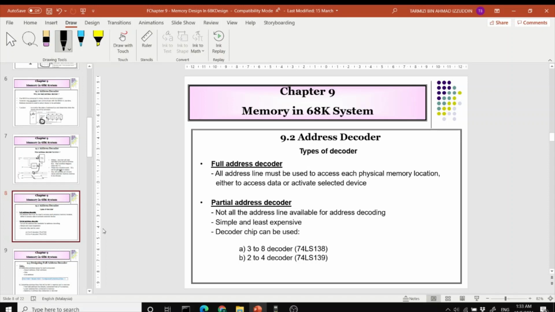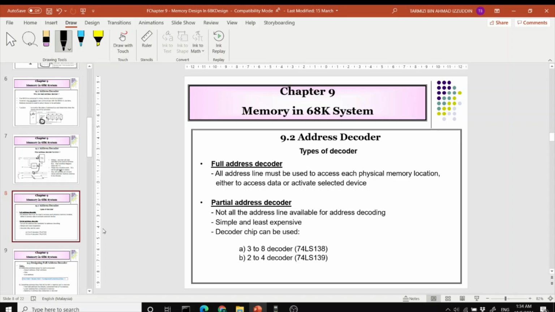Compared to the full address decoder scheme, this method is a bit simpler and less expensive, and we can use a decoder chip for this purpose, be it a 74LS138 or the 74LS139. So this is the difference between full and partial address decoders.